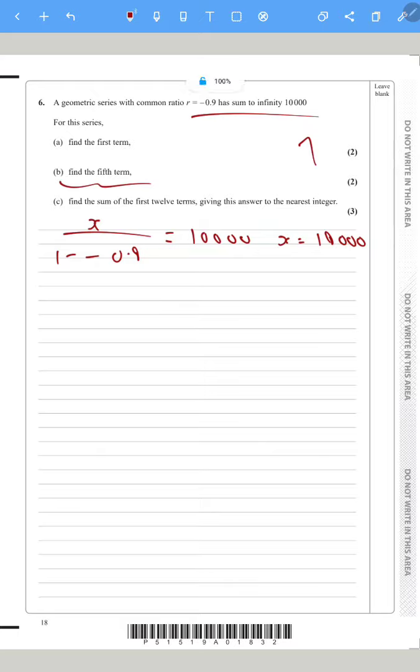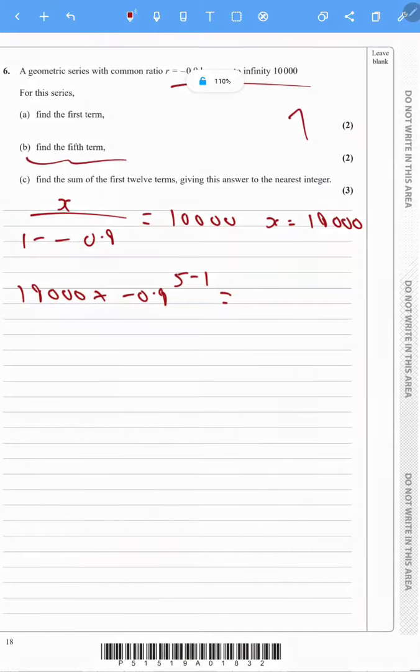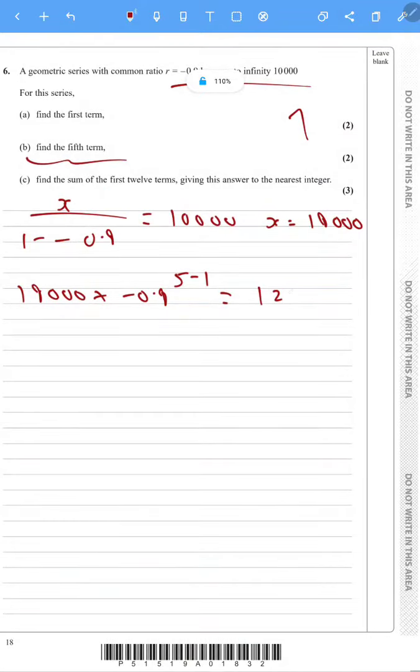Come find the fifth term, so 19000 times 0.9 to the 5 minus 1 equals, and that is 12465.9.